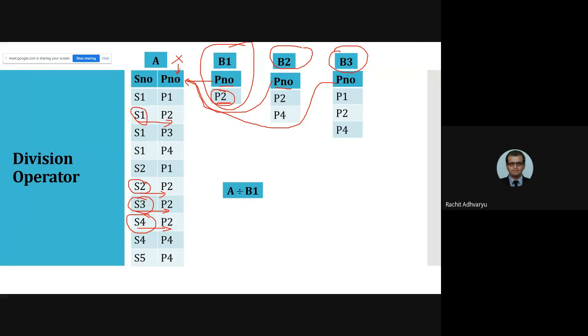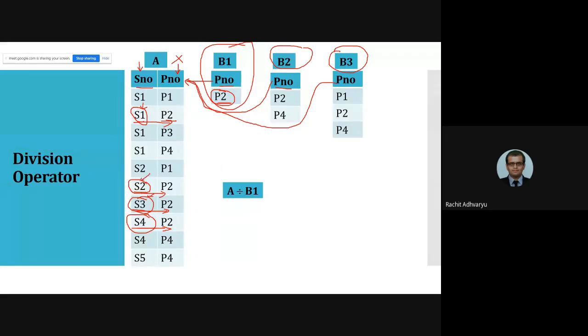We are not going to see that particular column. We are only going to see the remaining columns, right? So the remaining column is only SNO. So now we are going to fetch the data of this SNO that is relevant to this particular P2. So we are having S1, S2, S3 and S4. So these are the only values which are matching with P2.